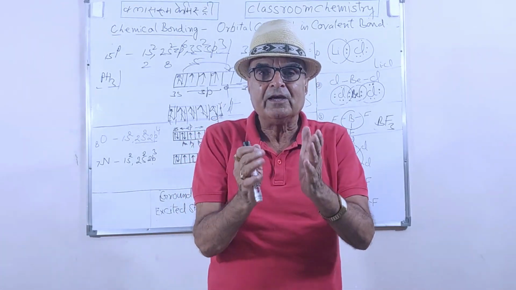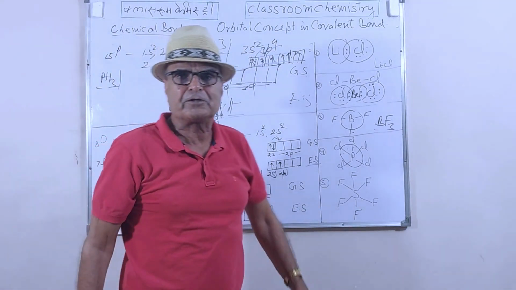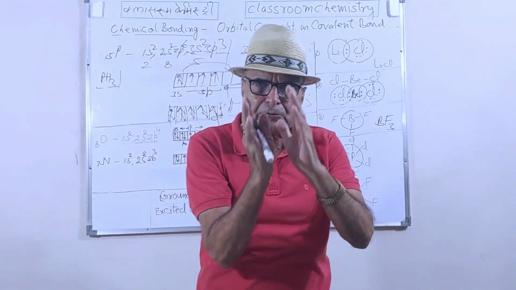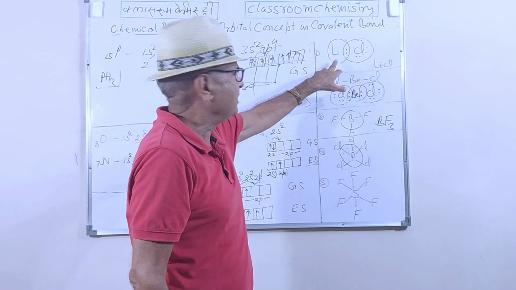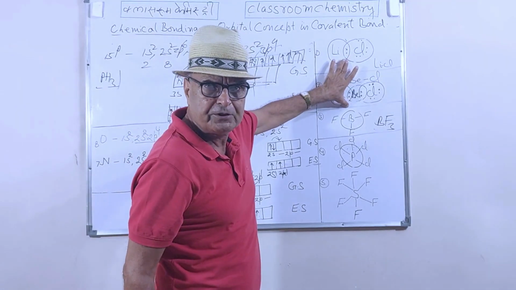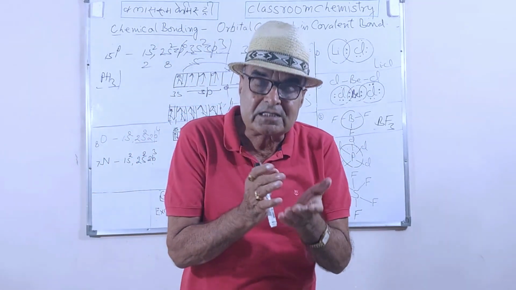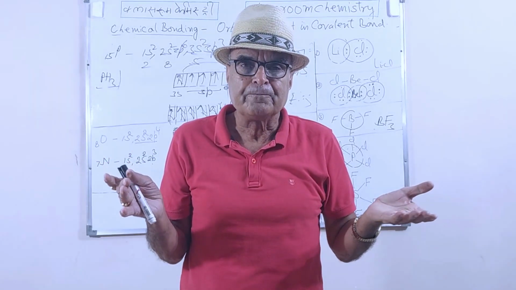And in this way, on the basis of the orbital concept, you can explain the stability of compounds which have an incomplete octet or compounds which have an extended octet.